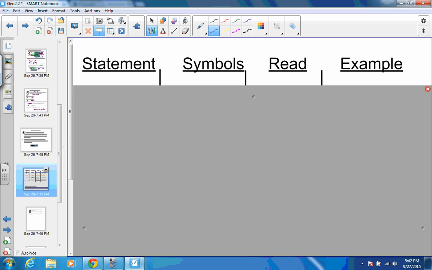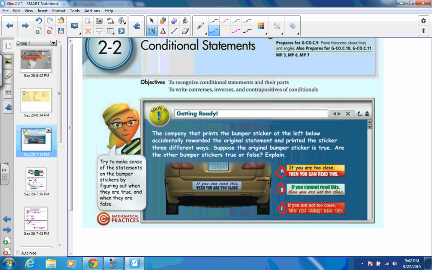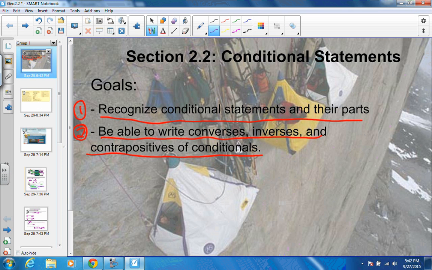So now we're getting to the second part of our goal. The second one we had was be able to write converses, inverses, and contrapositives of conditionals. We just talked about conditional statements and their parts, negations, and truth values. But now we're going to talk about these things called converses, inverses, and contrapositives.